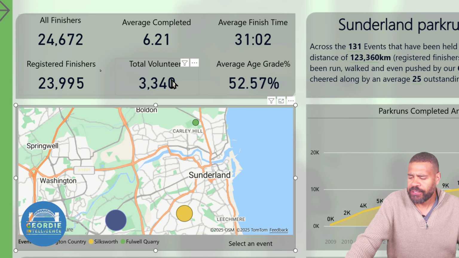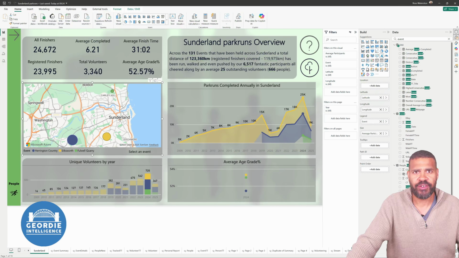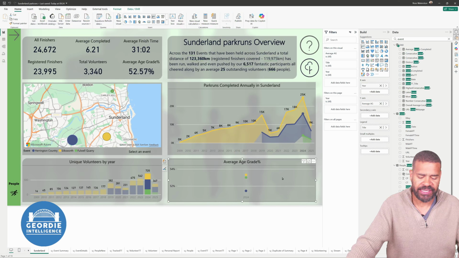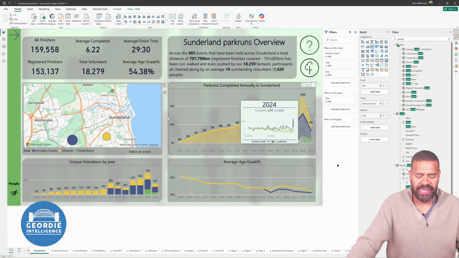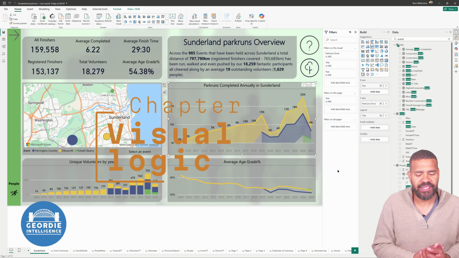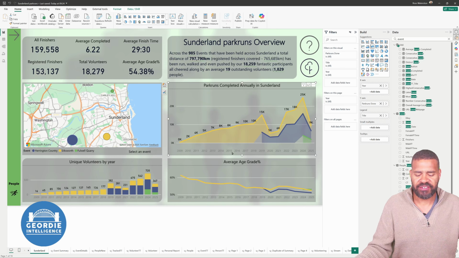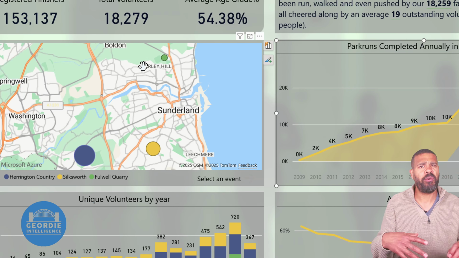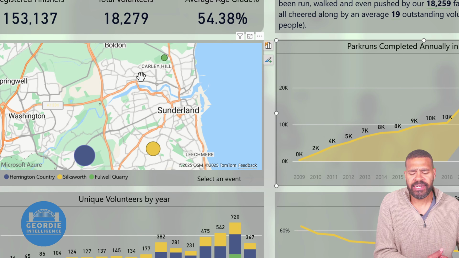So we've looked at a few things just on one page of a report, haven't we? And we've seen, oh okay, there's some complexity here. In terms of this report, from my perspective and what I do, these 3 are probably the most important ones here. And we're really just using the map to show, scale-wise, what's happening across our area.